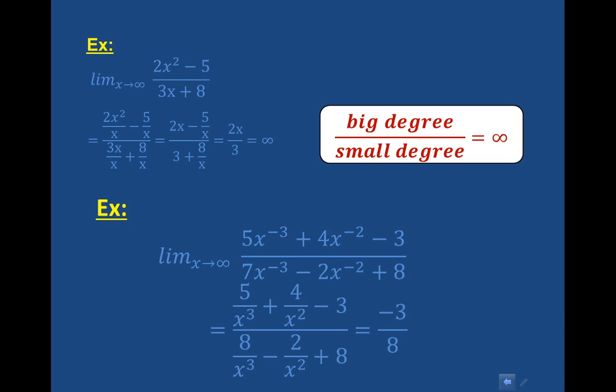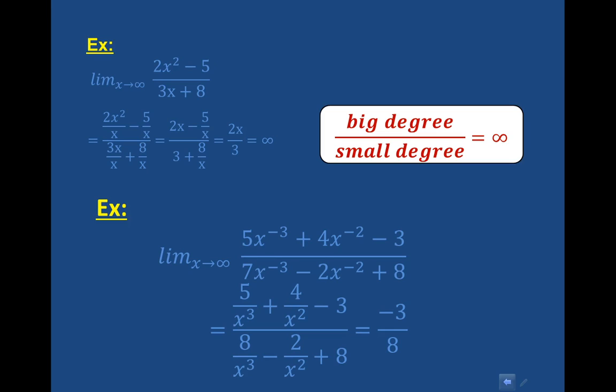Another example. Limit when x tends to infinity of (5x^-3 + 4x^-2 - 3) over (7x^-3 - 2x^-2 + 8). Take care, x power negative 3 can be written as 1 over x power 3.